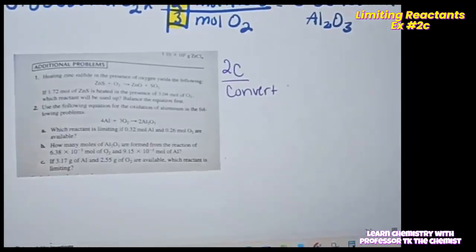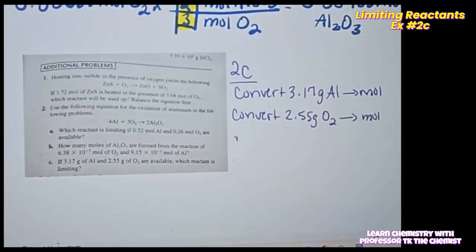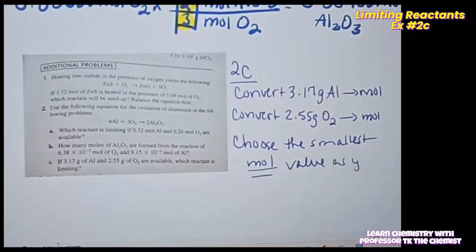Okay, these are the steps. Convert 3.17 grams of aluminum to a mole. Convert 2.55 grams of oxygen to a mole. And then choose the smallest mole value as your limiting reactant.